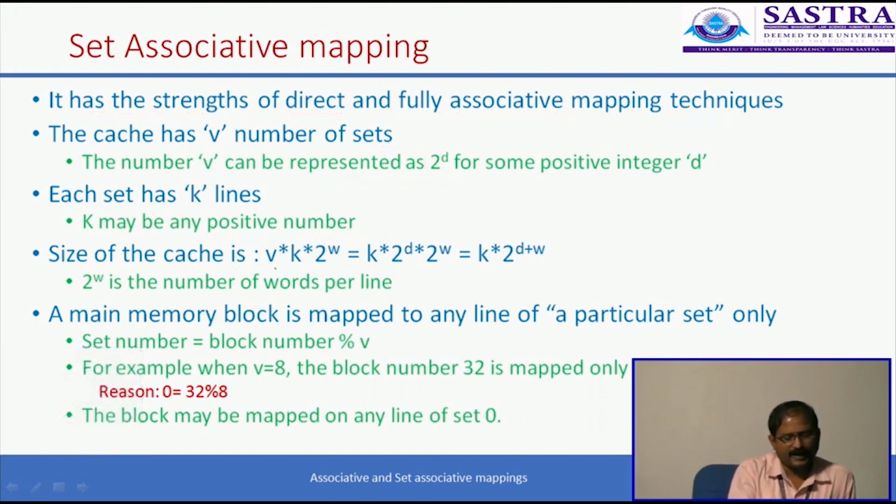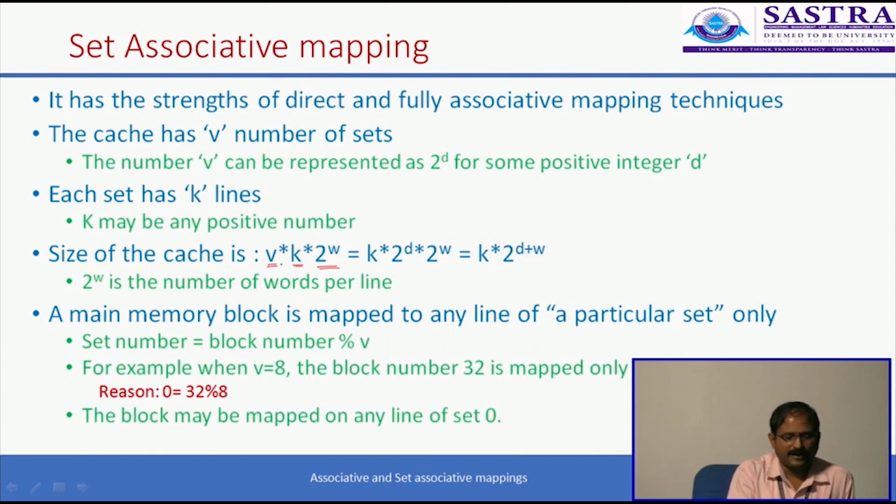The size of the cache is V into K into 2 power W, where V is the number of sets, K is the number of lines per set, and 2 power W is the number of words per line.